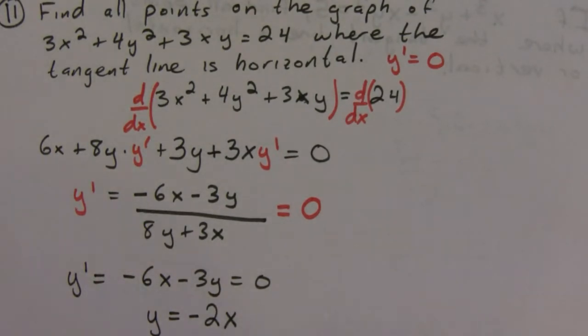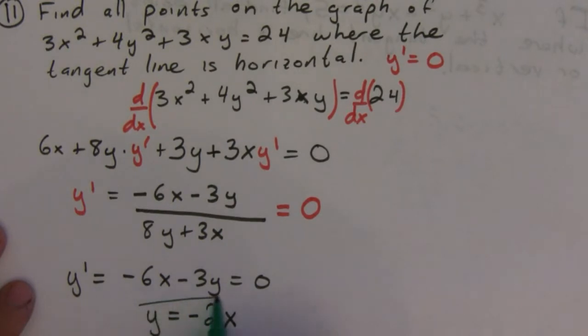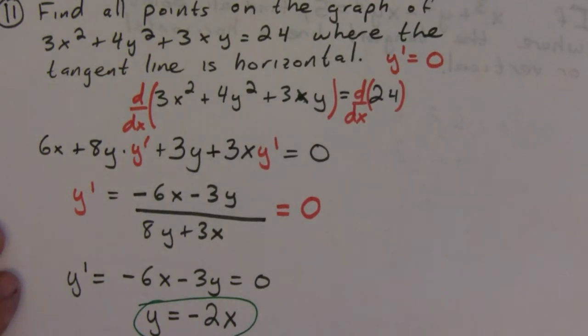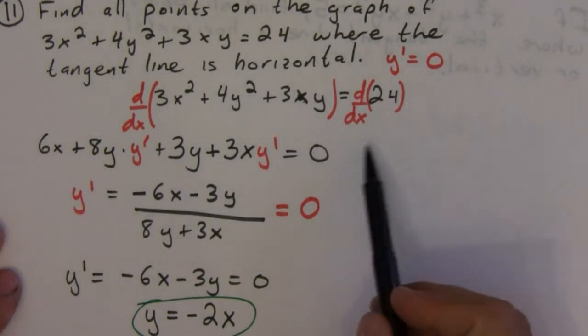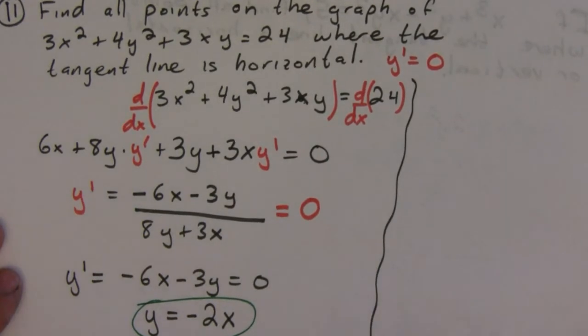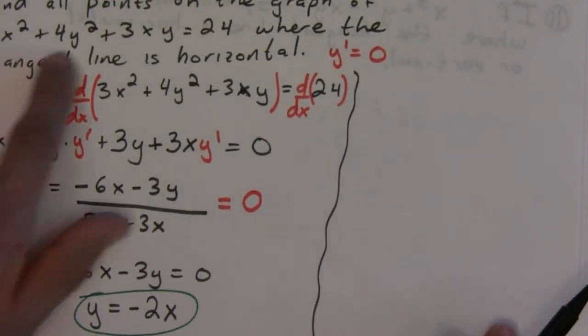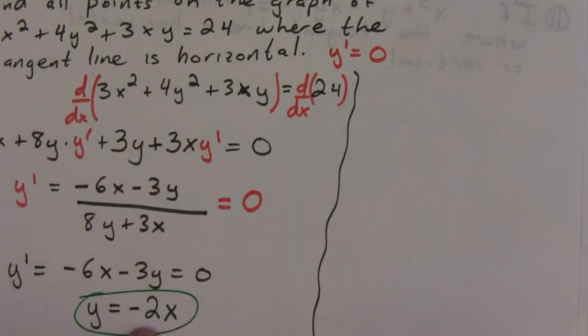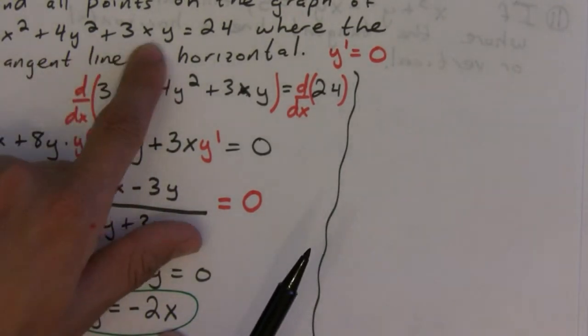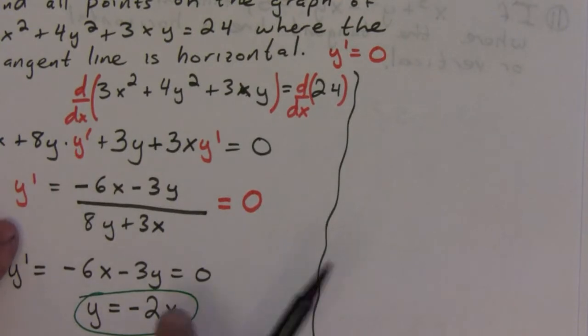And so you might be wondering, how do we find the x values? I mean, we know that the derivative is 0 when y is equal to negative 2x, but those aren't the actual values. But you do have this relationship. You have the original equation. So if you substitute back into the original equation, you should be able to find what x has to equal.